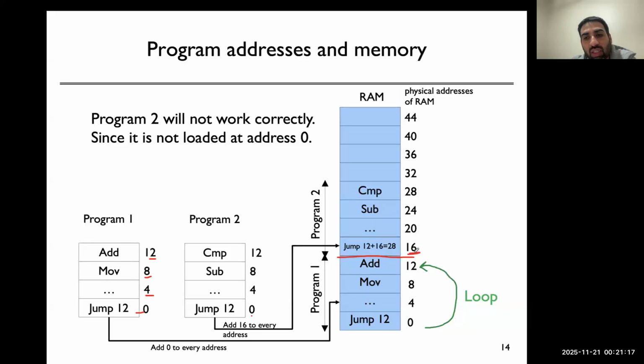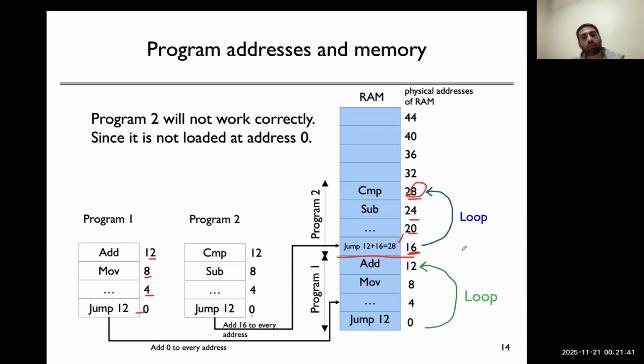So this jump 12 will be stored at address 16, and in the same way all other addresses will also be changed to 20, 24, 28, right? Now when you run the program and this jump is executed, it will jump to the correct location and you will have the correct loop.